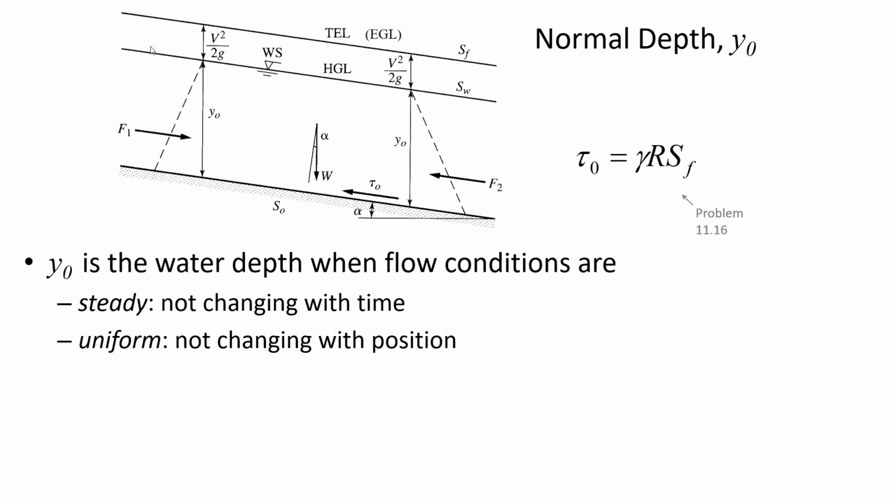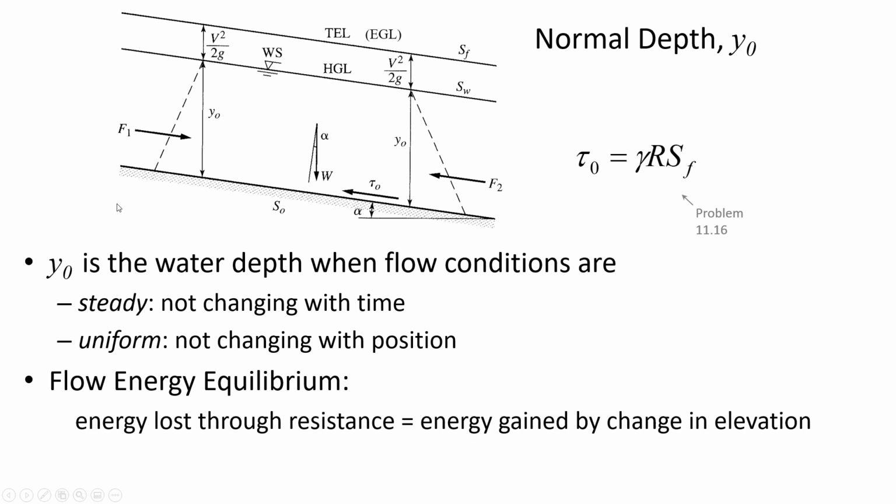Now, steady flow is when the conditions aren't changing with respect to time. Uniform is when they're not changing with respect to position, and both have to be true for us to see the normal depth, steady and uniform flow. So the equilibrium between the energy is that water is both picking up energy as it flows downhill, but it's also losing energy to the shear stress that's applied by the surface.